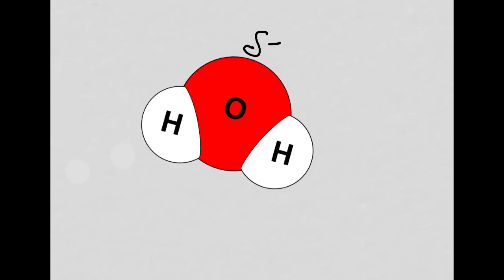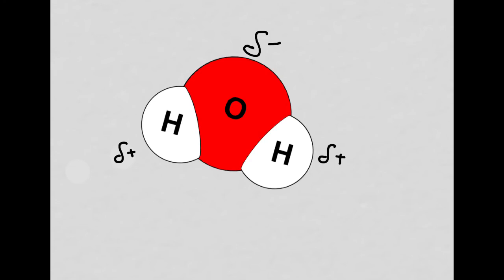So we have a partial negative charge, and then we have a partial positive charge by the hydrogen. And I'm never going to ding you because your deltas look weird, because really, look at these deltas.